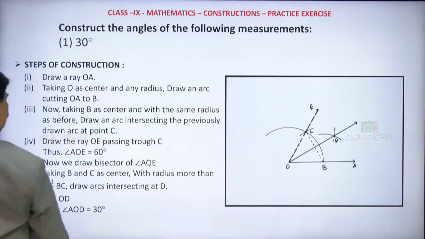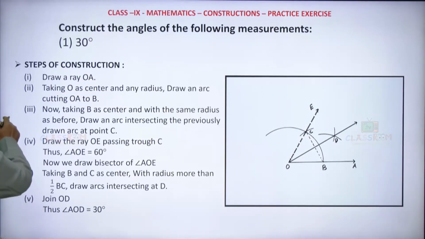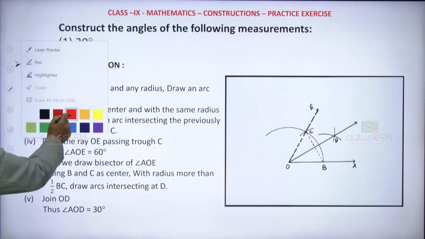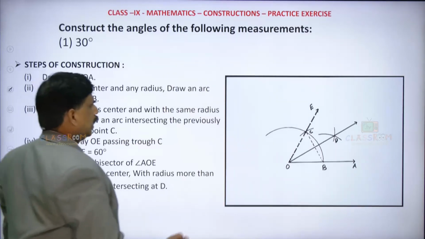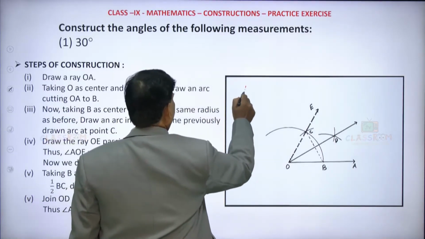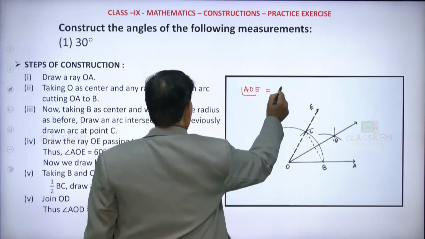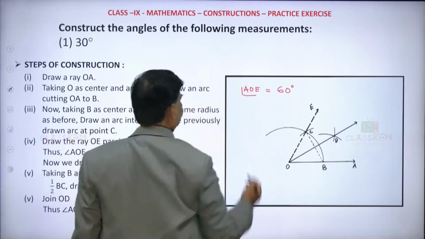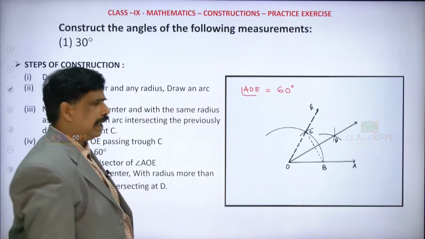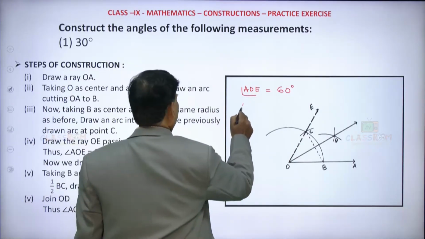So what you should understand here? Angle AOE. How much is this? This is 60 here. So now angle AOD is the bisector of that.